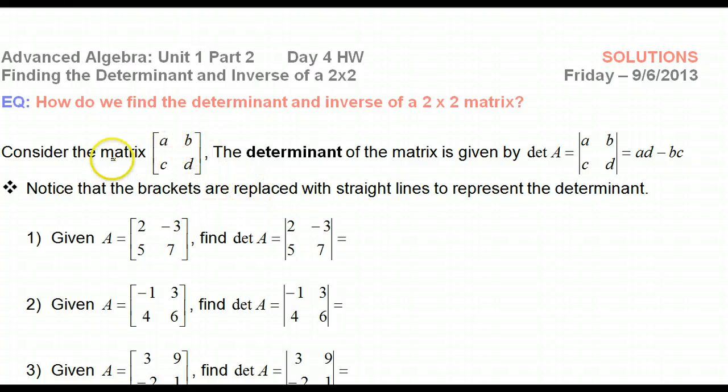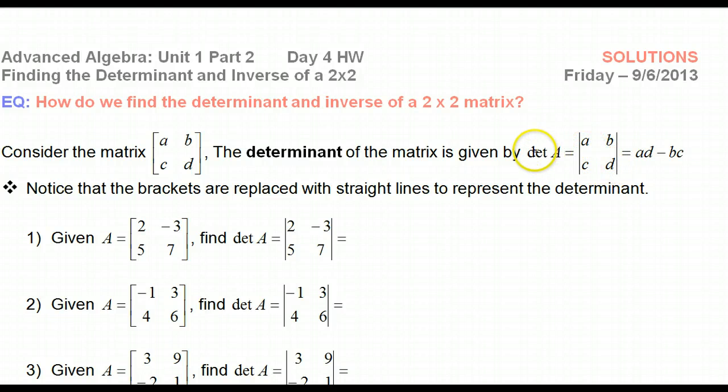So, consider the matrix A B C D. The determinant of this matrix, we would write it this way. If we put this little det A, that would mean the determinant of matrix A. Let's say this is matrix A, by the way. Also, these vertical lines, instead of brackets, would also mean determinant.